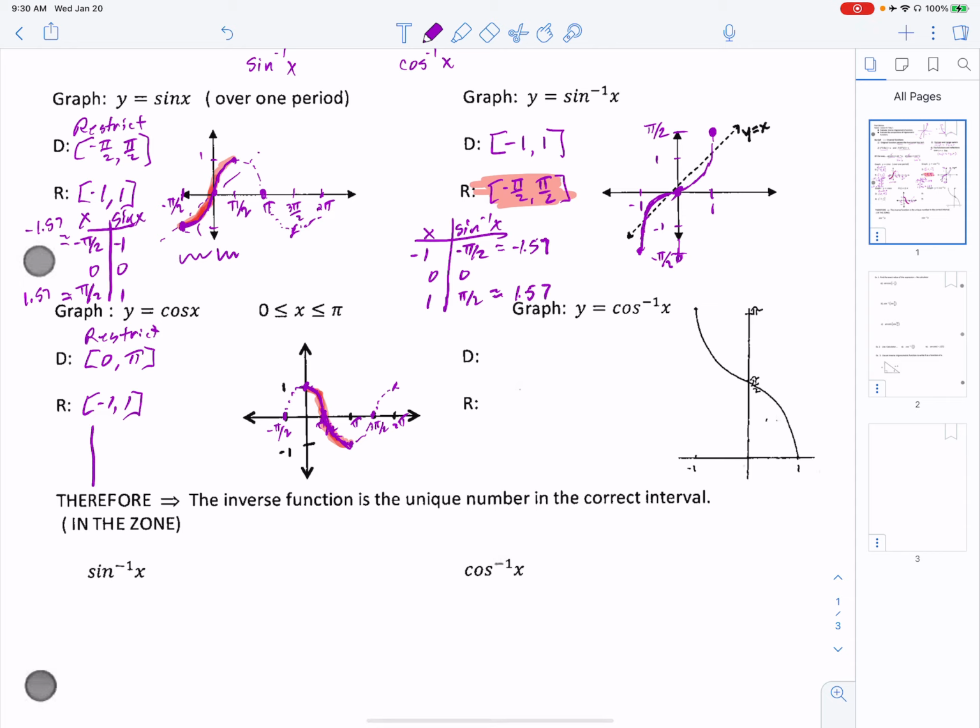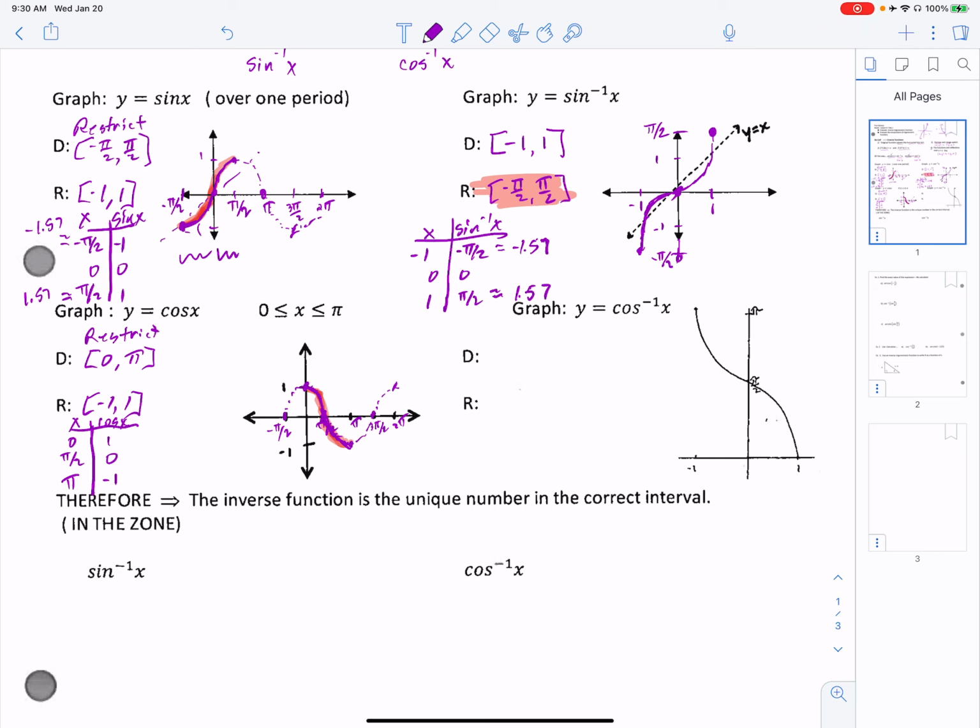And once again, the points on there that I would be using for x and cosine of x would be 0, pi halves, and pi. And the cosine of 0 is 1, cosine of pi halves is 0, and cosine of pi is -1.